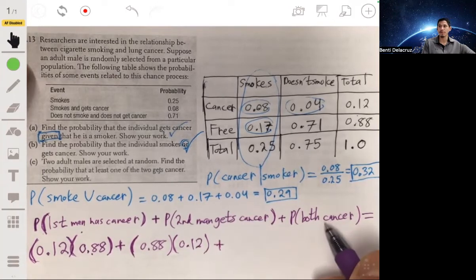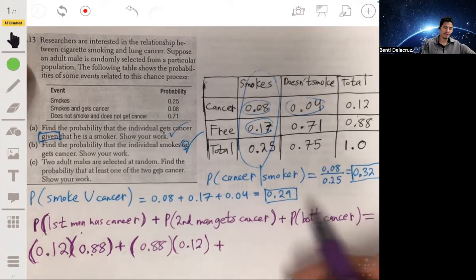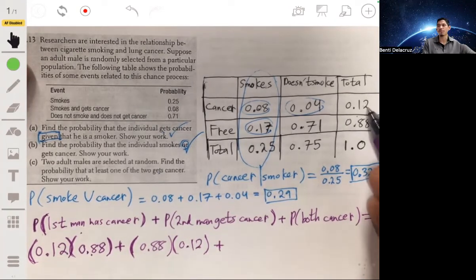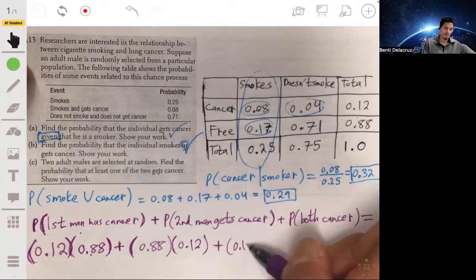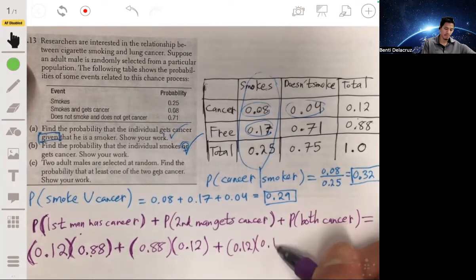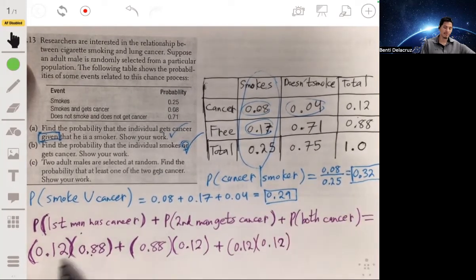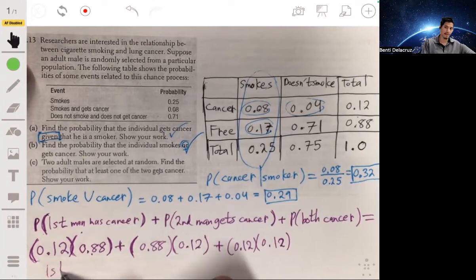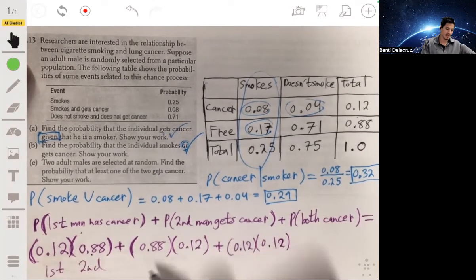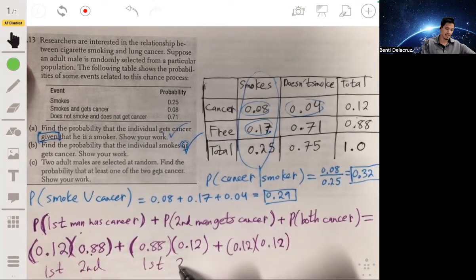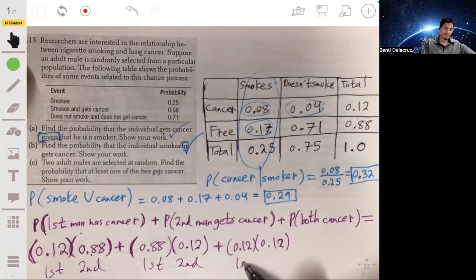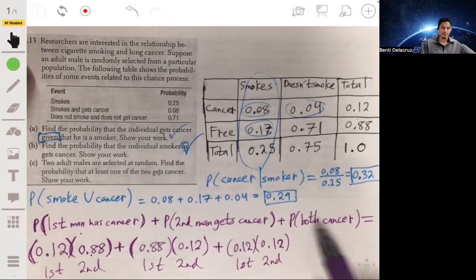Plus the probability they both get cancer. The probability of them both getting cancer would be that you would have to multiply 0.12 by 0.12, because remember, you're doing two things. This is the first guy, that's the second guy. So for this, they both have to get cancer.